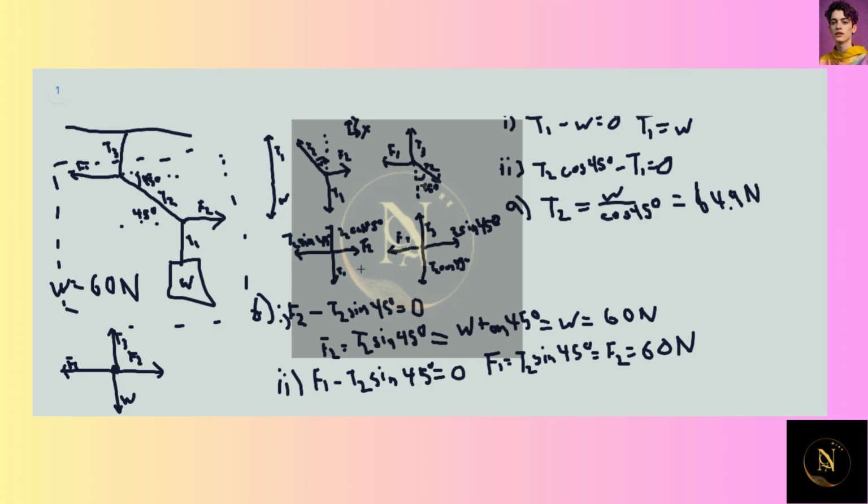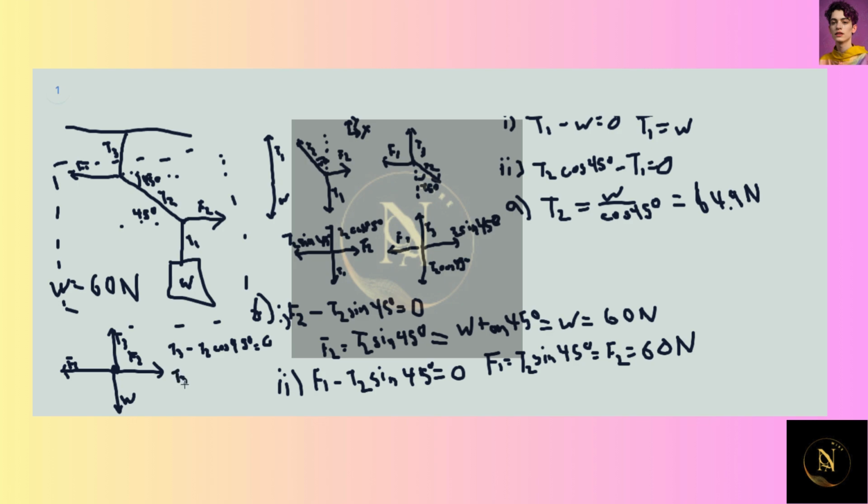And then let's see what we would find for what T3 tension would be equal to here. And we see from our Newton's second law equation that T3 minus T2 cosine of 45 degrees is equal to 0.